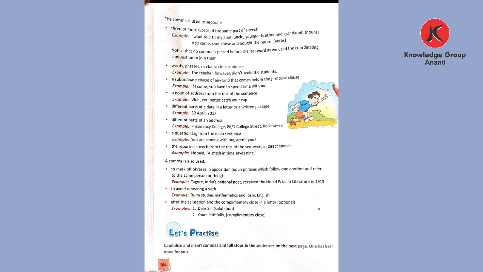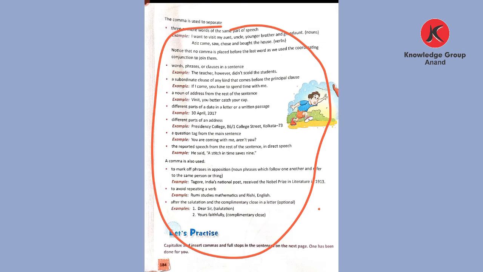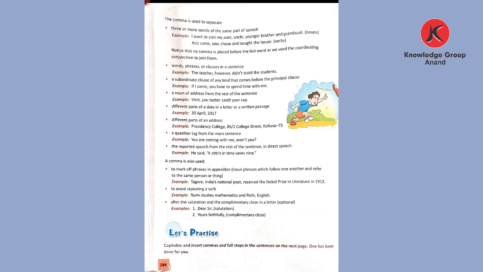Dear Sir, Yours faithfully, complimentary clause and salutation. So you can see here which are the points where we are using commas. Read this very beautifully once again, then you will understand better.